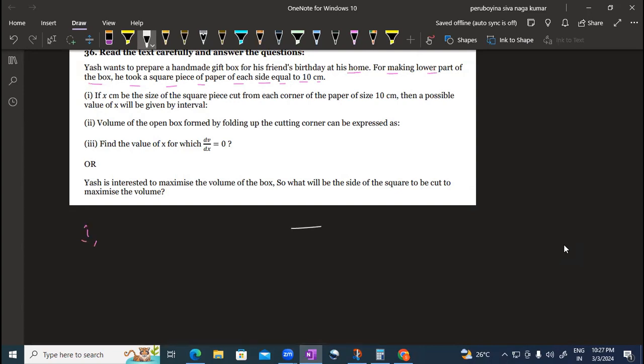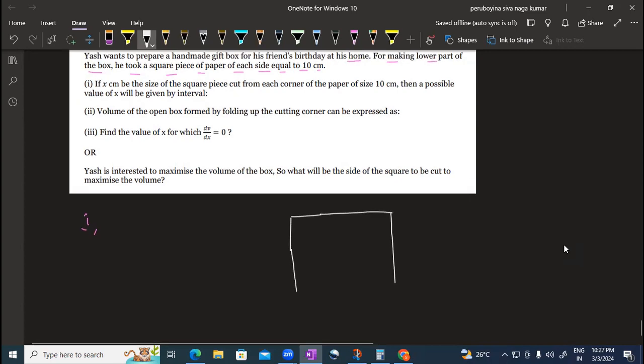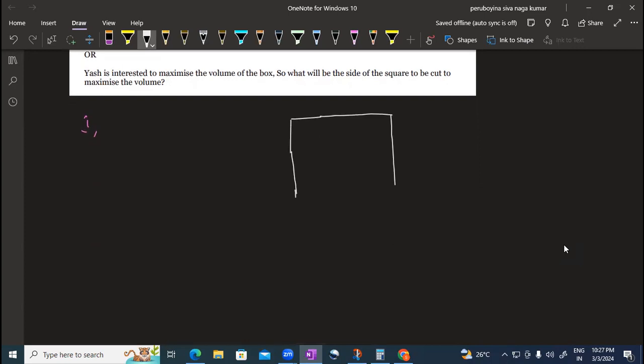So he took a square paper, each side is 10 centimeters. He said square, so that means each side will be 10 centimeters.